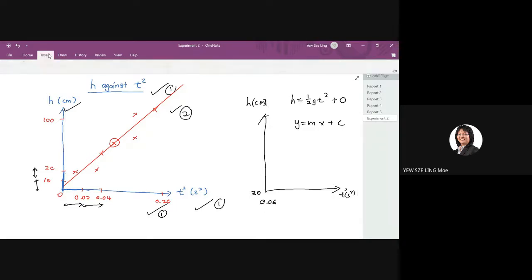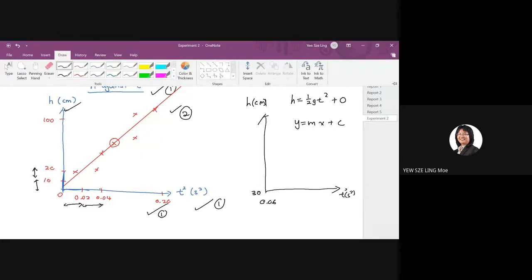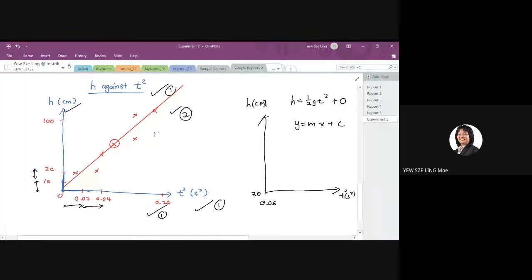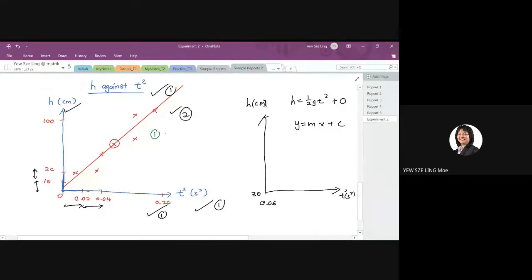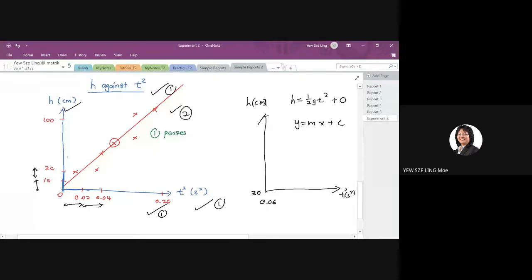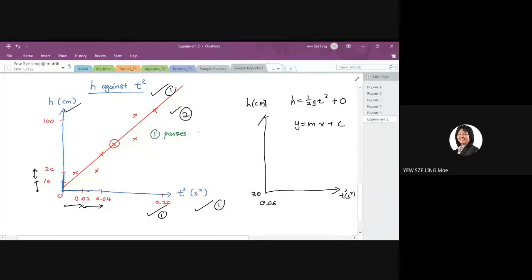What we check first for the best fit line is whether your graph passes through the centroid or not. The best fit line must pass through the centroid.